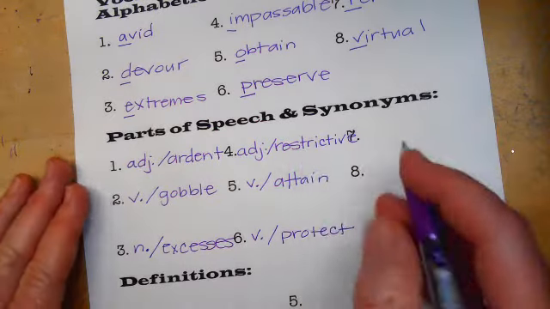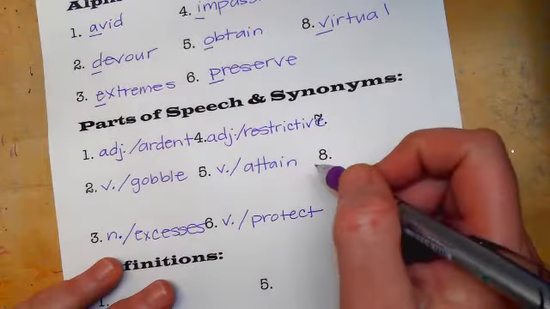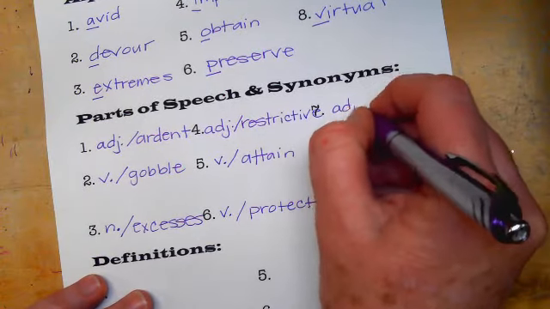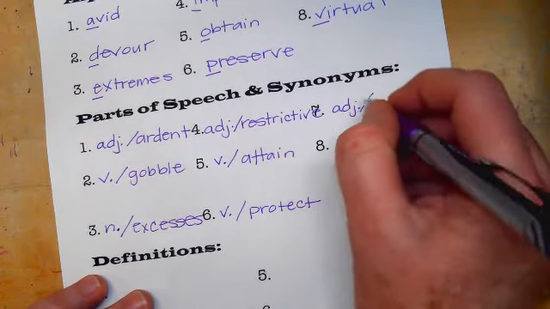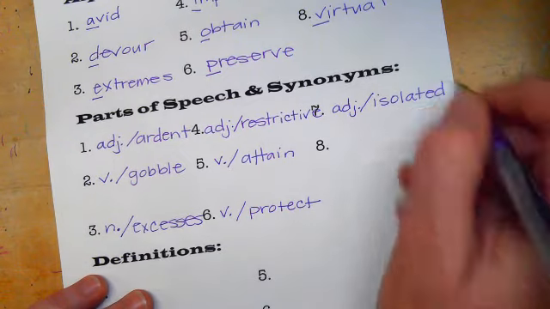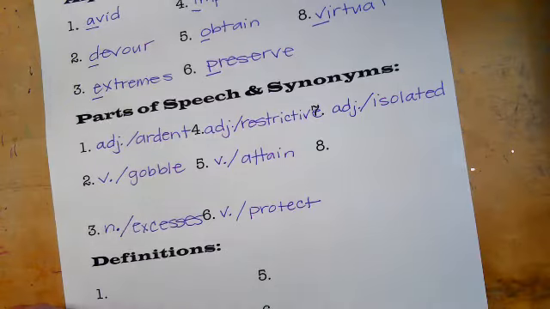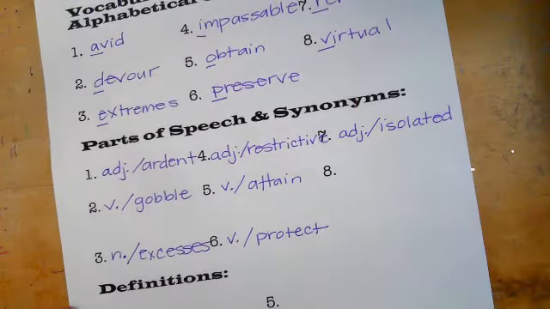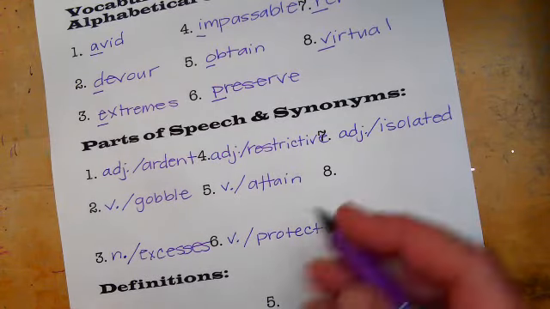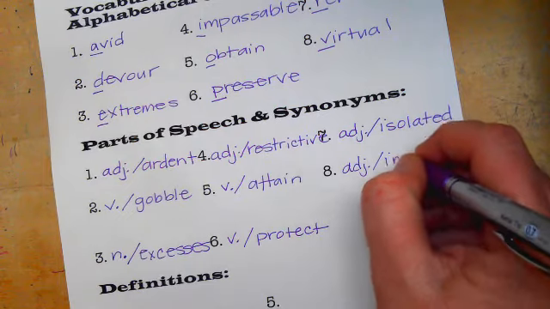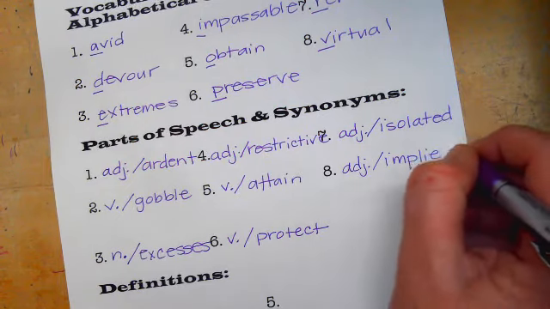Number 7, we have remote, and remote is an adjective. And isolated was our synonym. And number 8 is virtual, right? So I'm putting the part of speech for virtual. It is an adjective. And our synonym is implied.